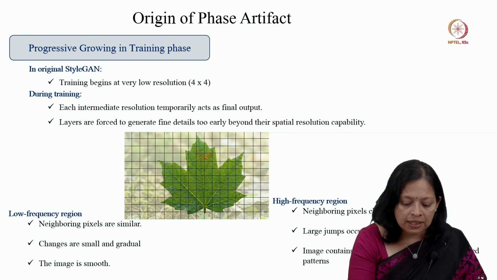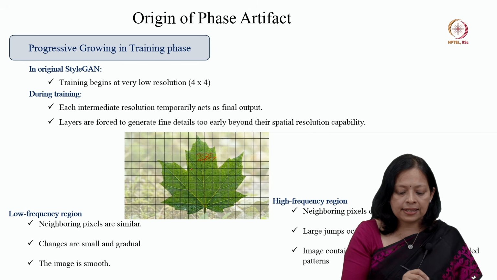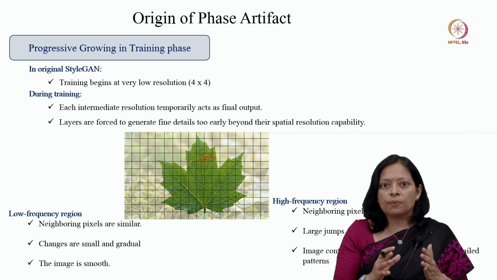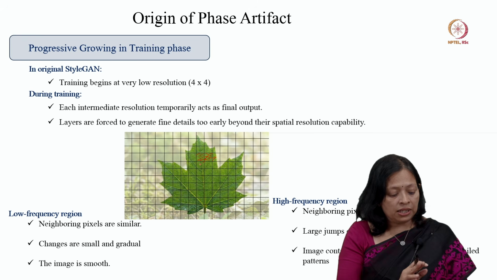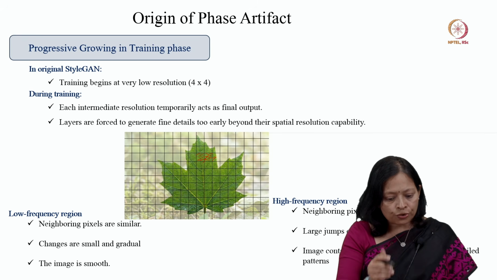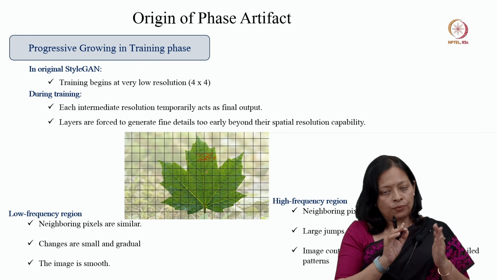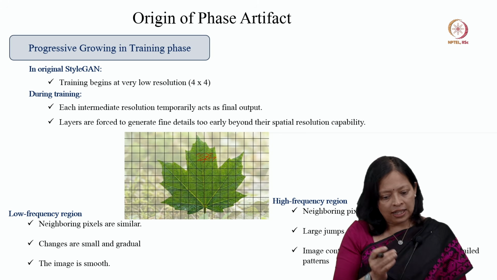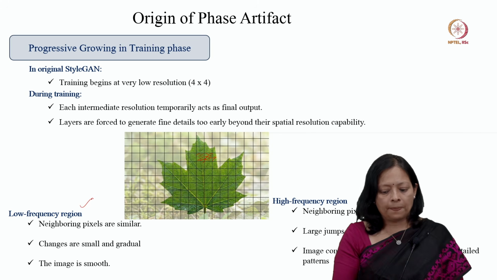If there is a pixel shift, if this pixel goes here, it will not show up as a distortion, because the values are almost similar and the image is smooth here. The colors are smooth, small changes, and a one pixel shift will not distort the image. These are called the low frequency regions.